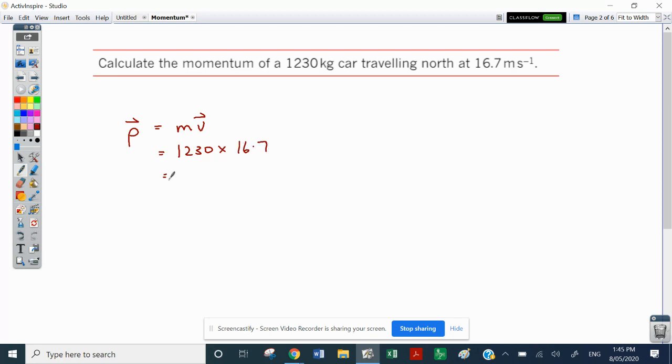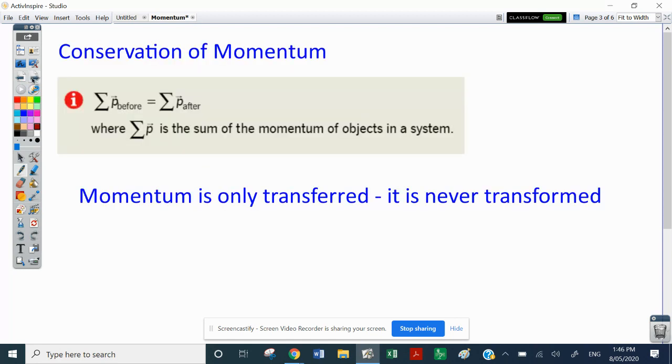Using our calculator, putting that value in, we get 1230 times 16.7, and that's 2.05 times 10 to the 4, or 21.5... kilogram meters per second, or, and that's a lot of things you have to write there, the most common, the Newton second.